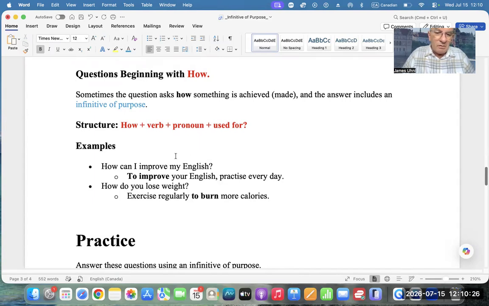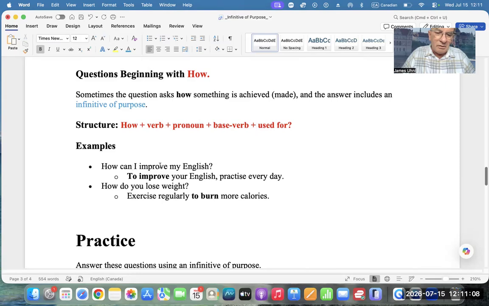plus verb, so it's action verb. So what kind of verb is here? Is it helping verb? Well, let's call it base. Let's use base verb plus used for, but we still need a noun.